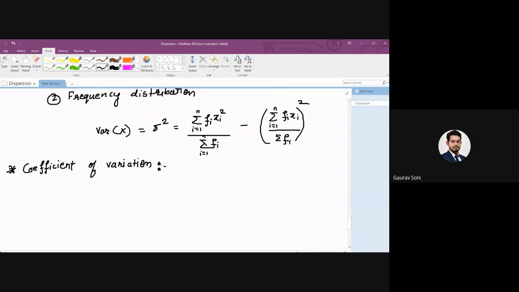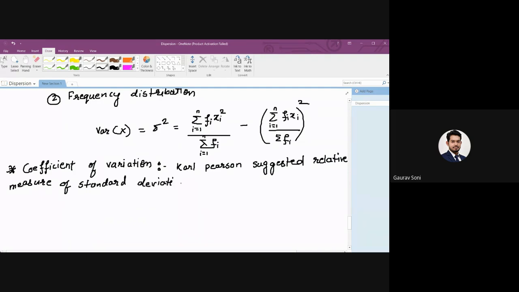So Karl Pearson suggested a relative measure of standard deviation. So it is called coefficient of variation.